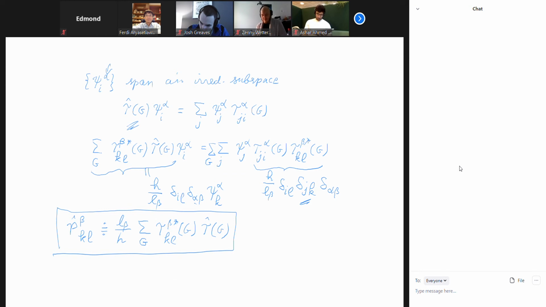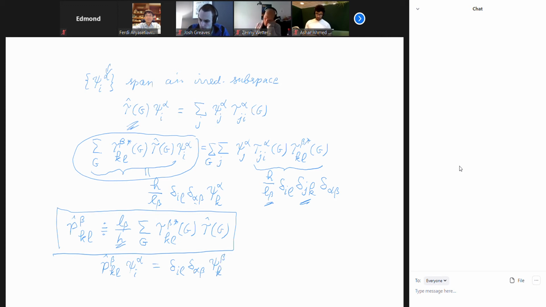Then we see that if we operate this projection operator on the state psi alpha, so I'm looking at this thing here now, that is just equal to delta IL. So this constant disappears because I have included it in the projection operator. This and psi k, call it beta.